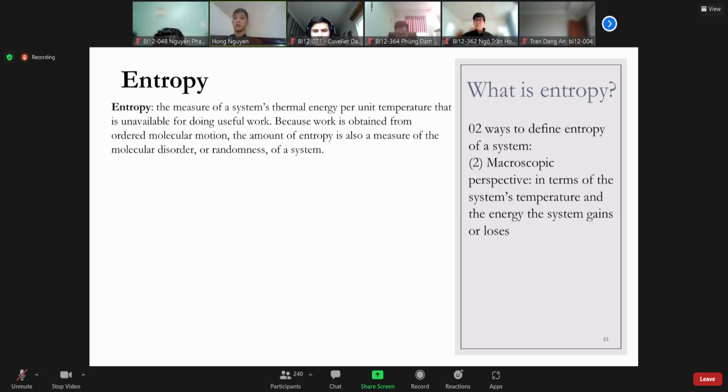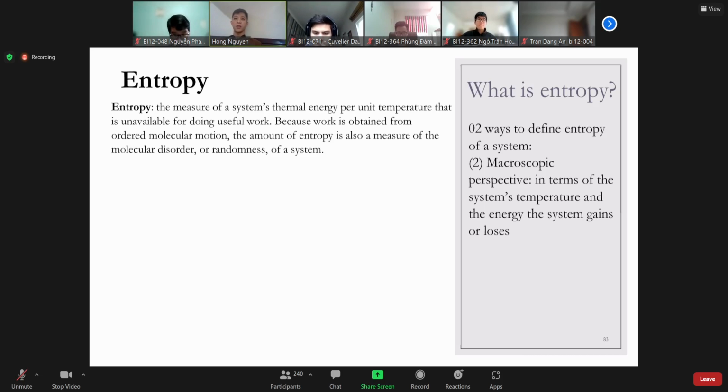Right? You understand? Remember, at the beginning, I told that the entropy was developed firstly to explain why there is always energy lost due to the friction, for example, dissipation, for example, and cannot be turned into work because the work is obtained from ordered molecular motion.